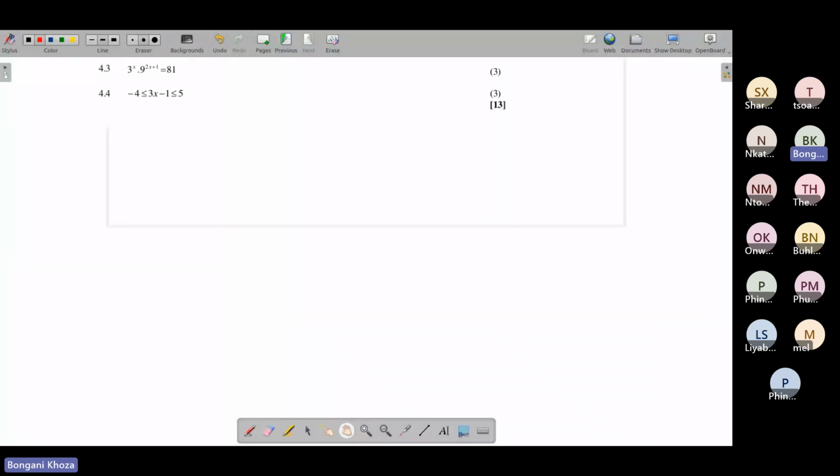Next, we have an exponential type of question. We have 3 exponent x times 9 exponent 2x plus 1 equals to 81. So first thing we do, change everything to its prime basis. So here I'll have 3 exponent x. What do I have here for 9?